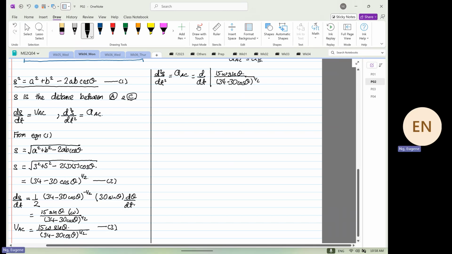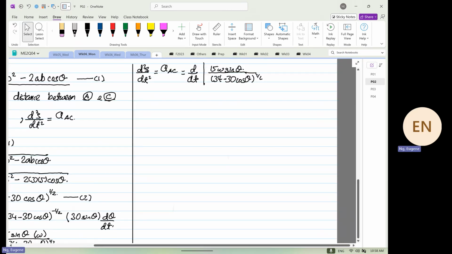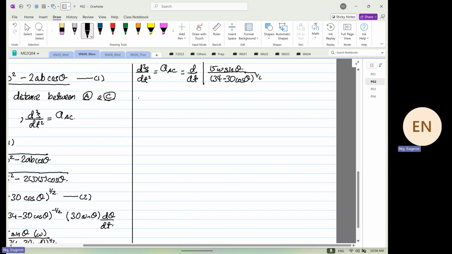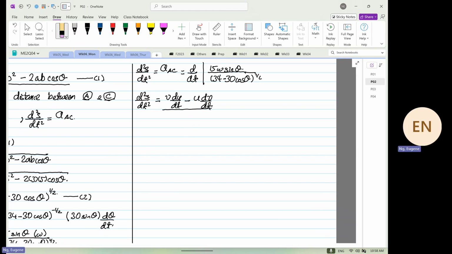So we are going to use this expression, where we have d squared x over dt squared, and this will be equal to v du over dt minus u dv over dt, and over here we divide by v squared.